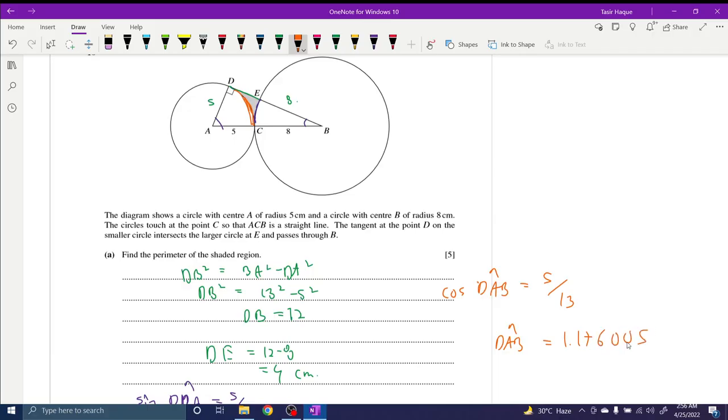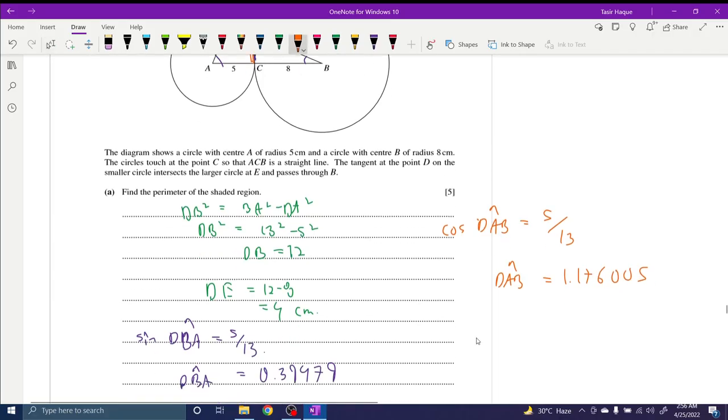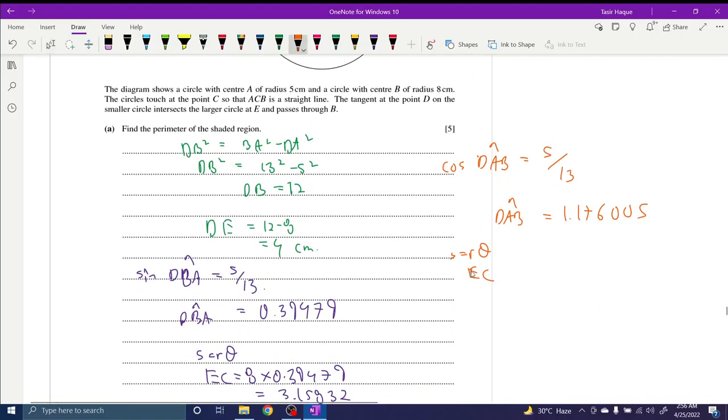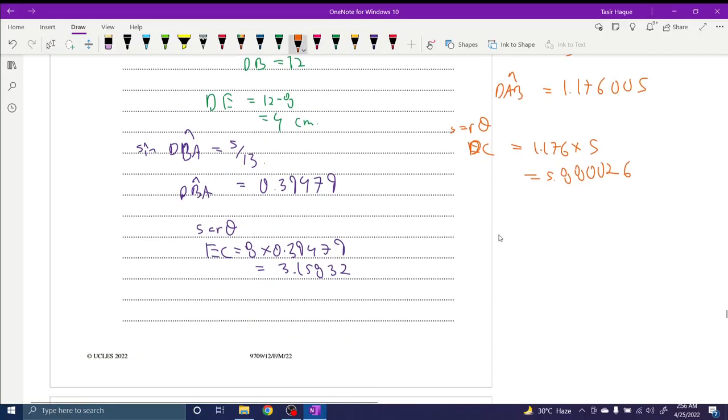I'm just storing these in my calculator. Now DC is equal to r theta, 1.176 into 5. We're getting 5.880026. Now about the perimeter, it's going to be DC plus EC plus DE, right?